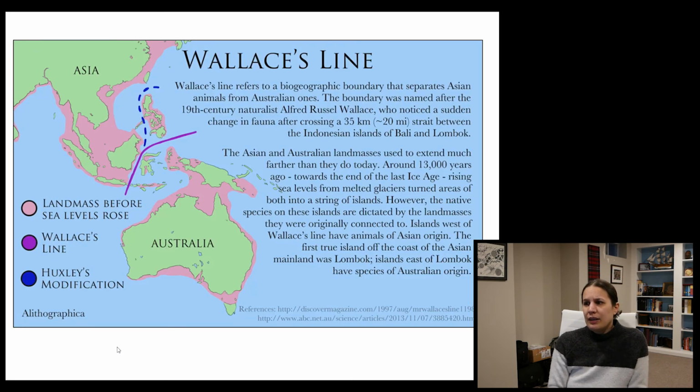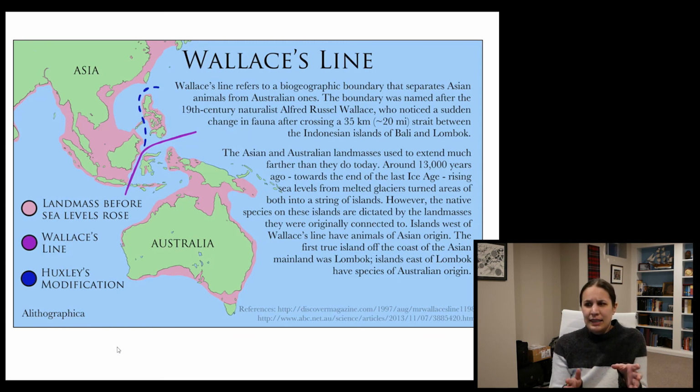When we consider the geological history of this region, we start to find mechanisms that help us explain what those barriers were. And what we notice is that Wallace's Line corresponds to a deeper area of deep water where on either side of this line you would have had land bridges between the islands.